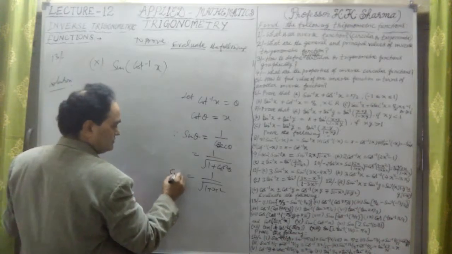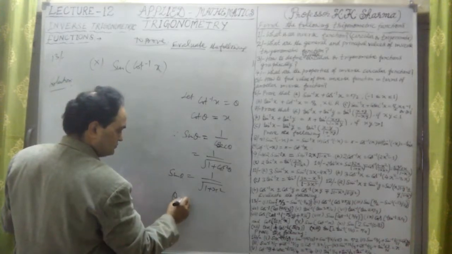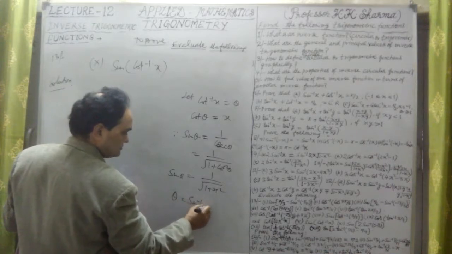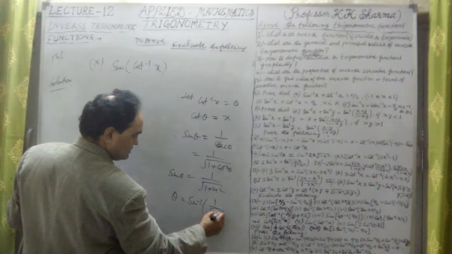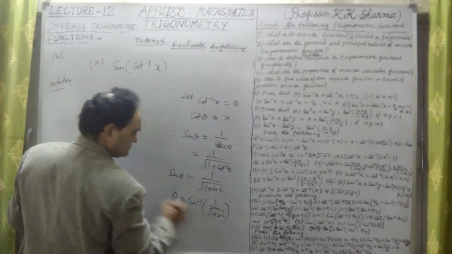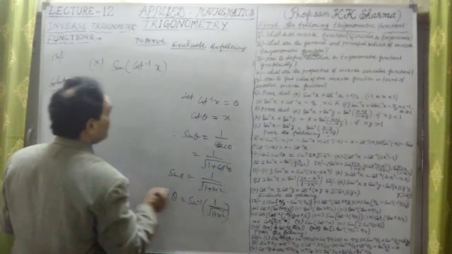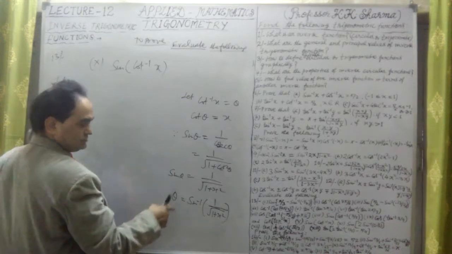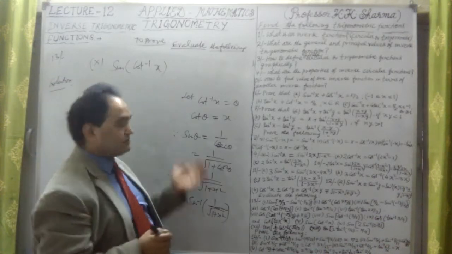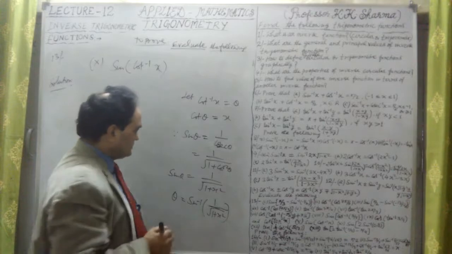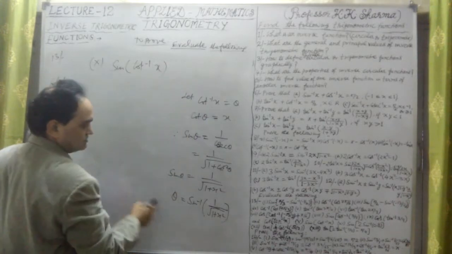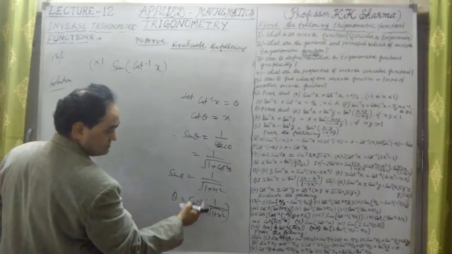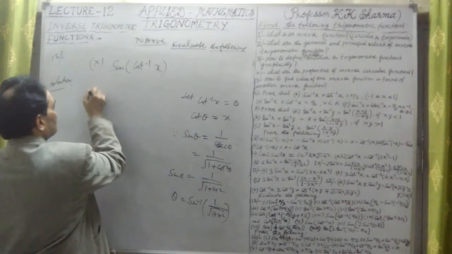Theta is therefore equal to sin inverse of 1 upon under root 1 plus x square. In place of the theta which we assumed as cot inverse x, theta is also this sin inverse. Let me substitute this.